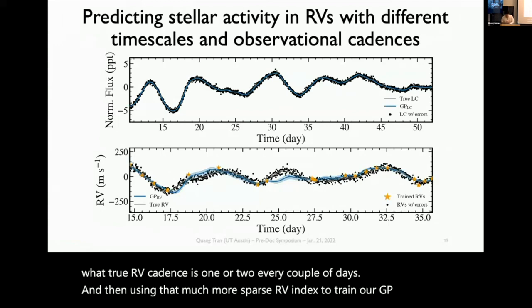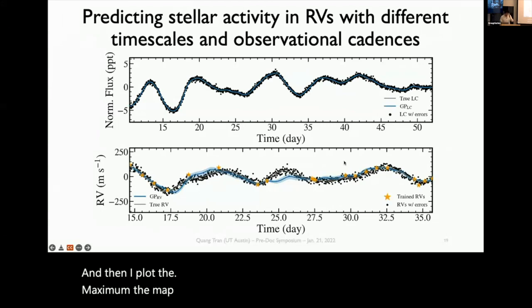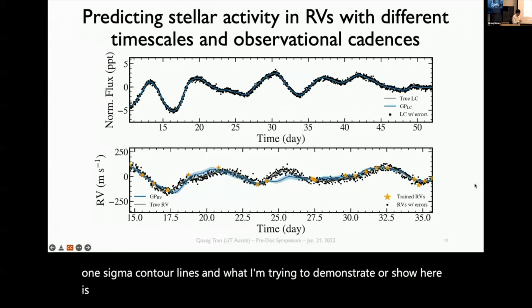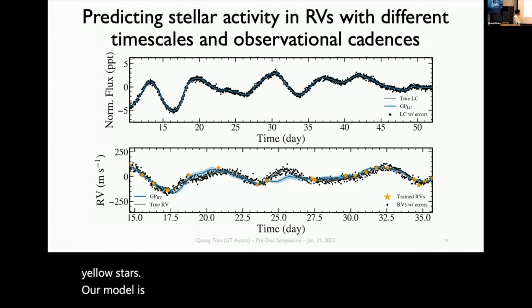And then I plot the MAP solution of our GP model in solid blue, and the 1 sigma contour lines. What I'm trying to demonstrate here is that even with this sparsely sampled observational cadence in the yellow stars, our model is reliably producing the general shape of our synthetic data that mimics activity.